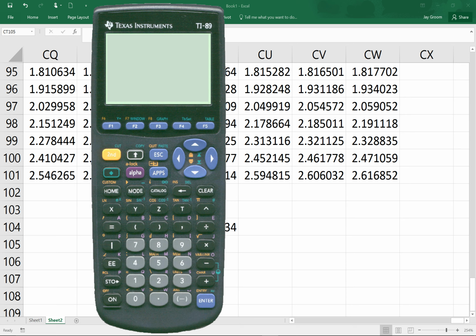Now, I was going to show you one more thing here. I have all these numbers up. There we go. I think I showed you the conditional formatting, right?